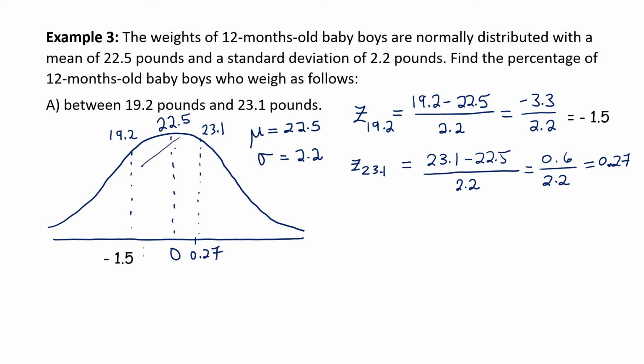And the area we seek is between the weights of 19.2 and 23.1, which is also between the z-scores of negative 1.5 and 0.27. Let's use our TI-84 to compute the area.